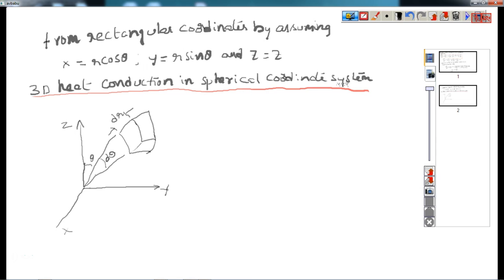I will use another color to show you the dimensions of the element. Okay, this is R, d theta is from here to here.